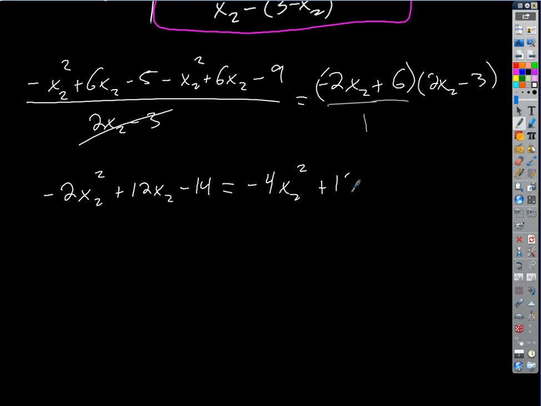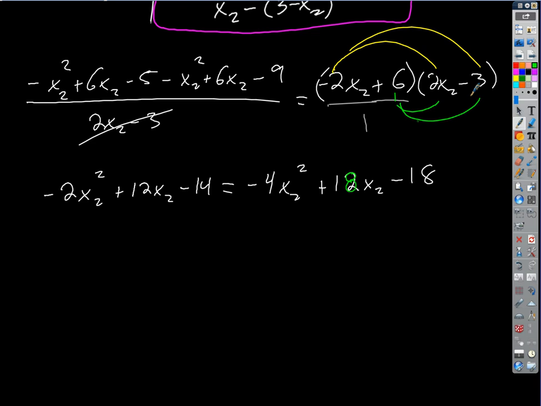Yeah, 12x sub 2 minus 18, right? Is that right? Double check me on that. So negative 4x squared plus 6x plus, oh, it is plus 12x. What am I saying? So that is 18, right? So that's an 18. And then minus 18. Everybody agree?